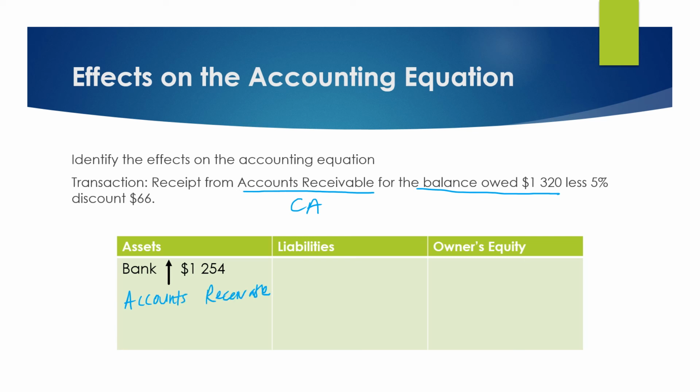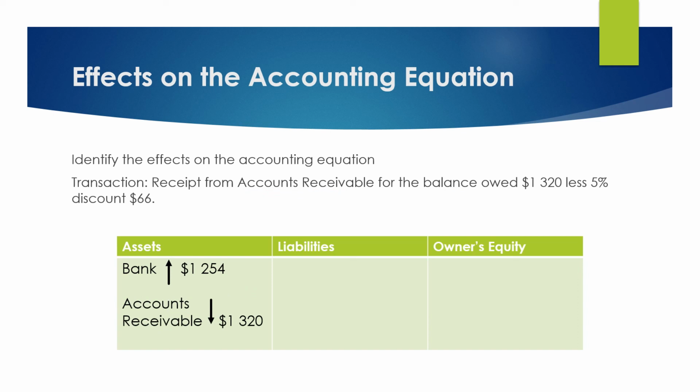And because we know that this transaction relates to the accounts receivable paying up a balance that was owed, we therefore know that the balance of the accounts receivable is going down by $1,320. And that was the full balance that was owed by the accounts receivable. In other words, after this transaction, the accounts receivable no longer owes our business $1,320.